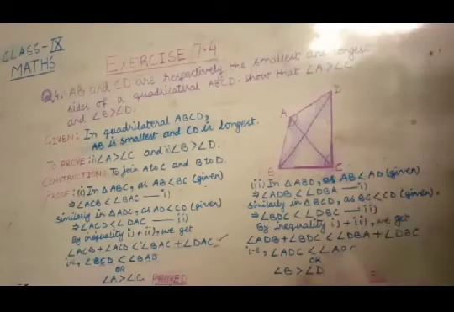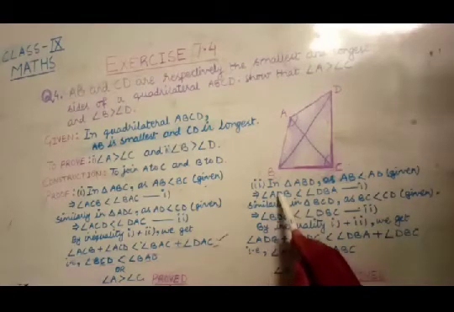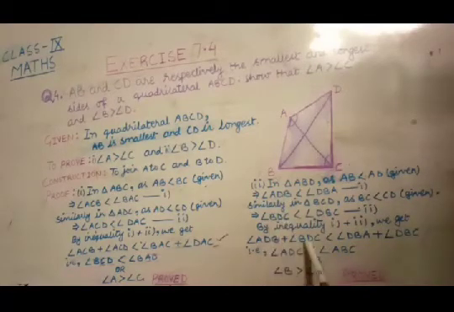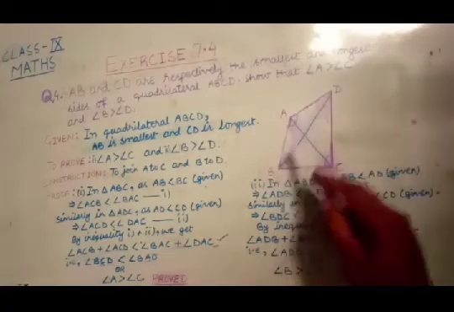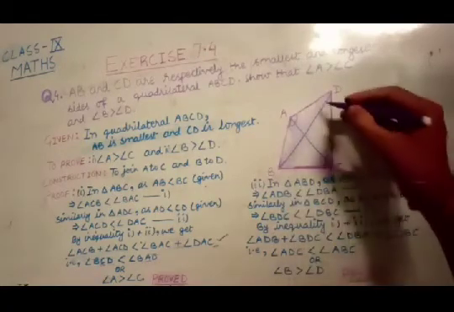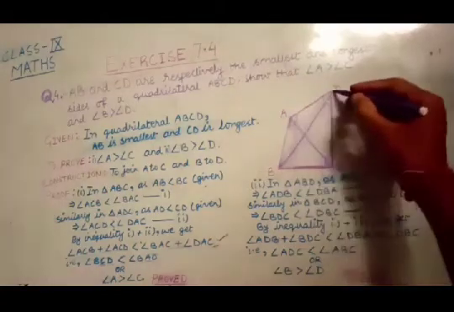On adding these two inequalities, we get angle ADB plus angle BDC less than the angle DBA plus angle DBC, where angle ADB plus angle BDC completes the angle ADC.